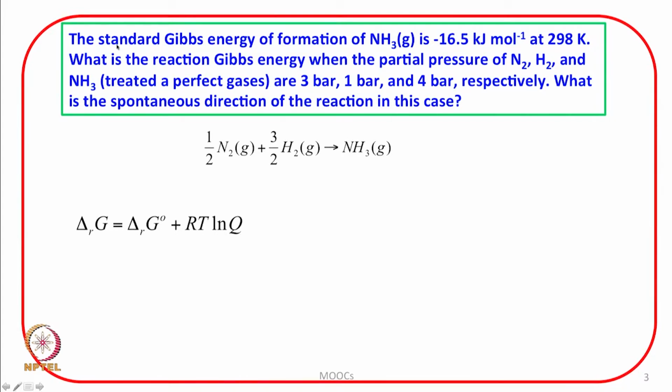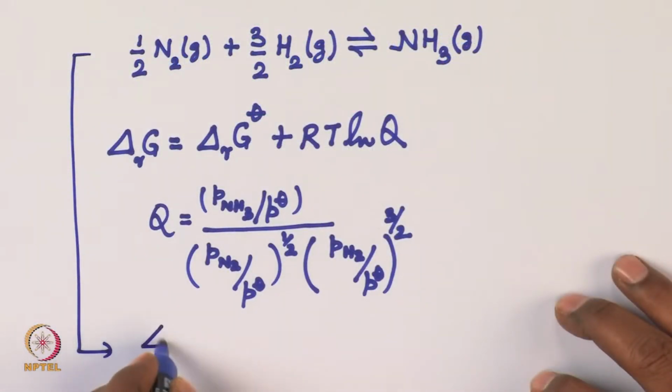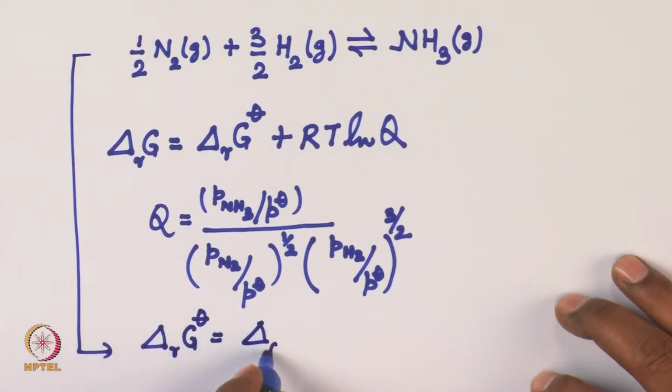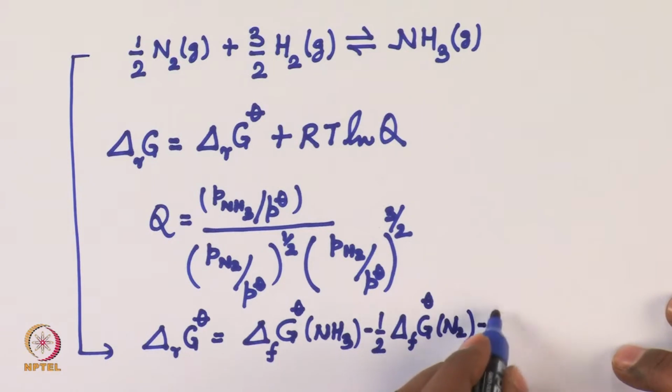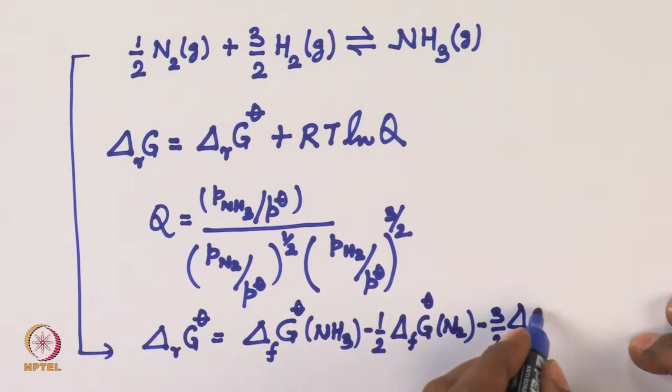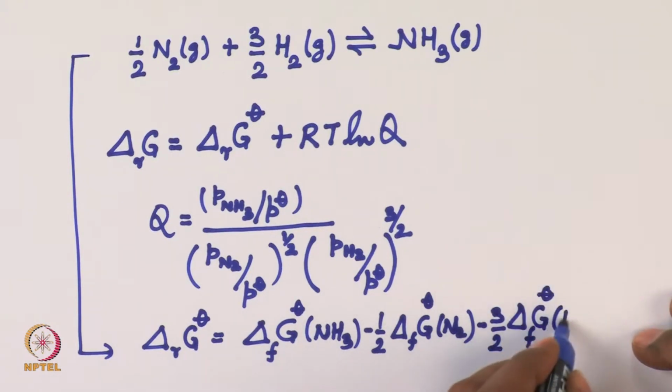In fact, the given information is the standard Gibbs energy of formation, and from this, for this reaction, I can write delta R G naught is equal to free energy of formation of NH3 minus half free energy of formation of nitrogen minus 3/2 free energy of formation of hydrogen.